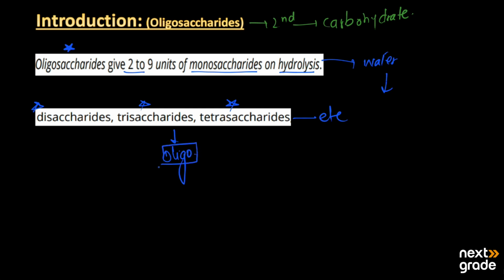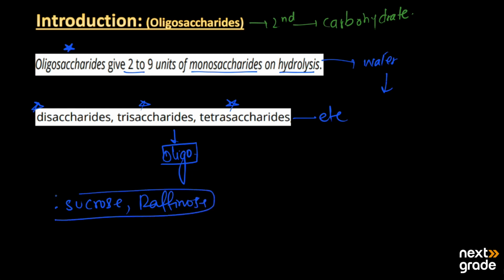Upon hydrolysis, we have simple examples. Oligosaccharides contain sucrose, and they contain raffinose.